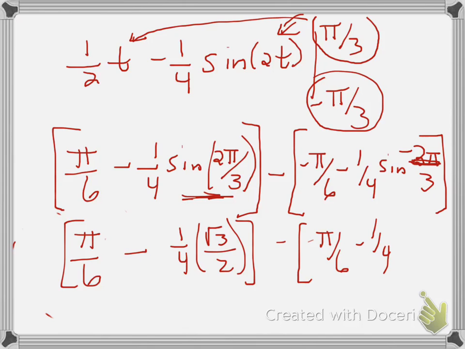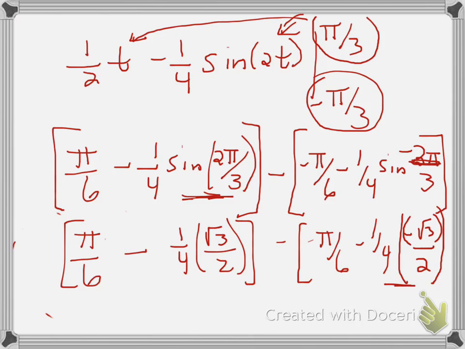And now here, negative pi over 6 minus 1/4. And again, if you're thinking about sine of negative 2/3 pi, you're just rotating the other direction. Or you're rotating clockwise instead of counterclockwise. So you'd be at negative √3 over 2.